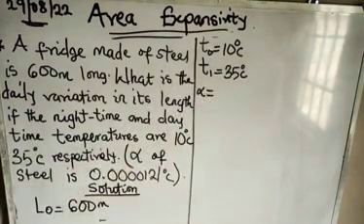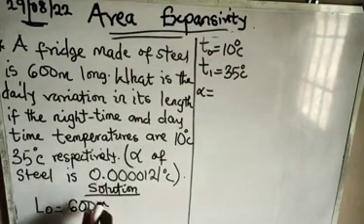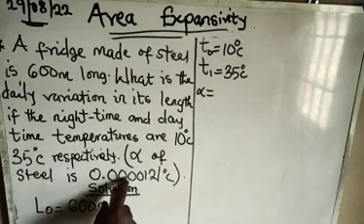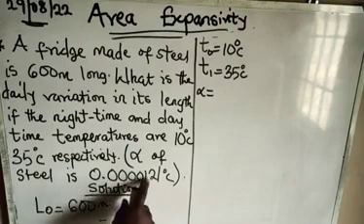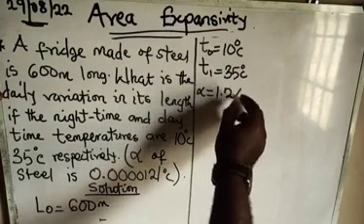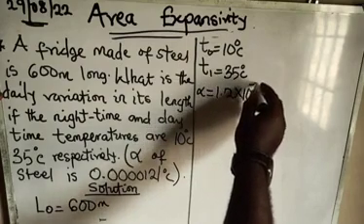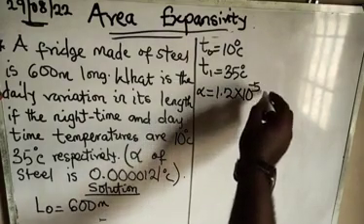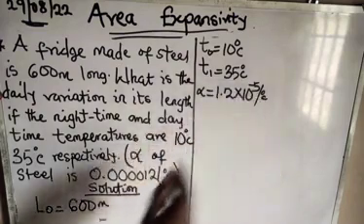Now let's change this alpha to standard form. Moving to the right: one, two, three, four, five. That will give us 1.2, and since we move to the right, it becomes times 10 to the power of negative 5 per degree Celsius.